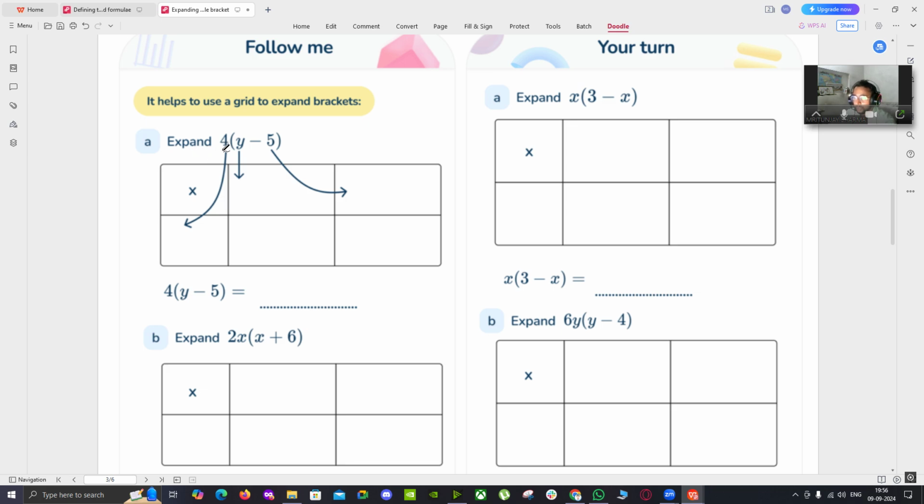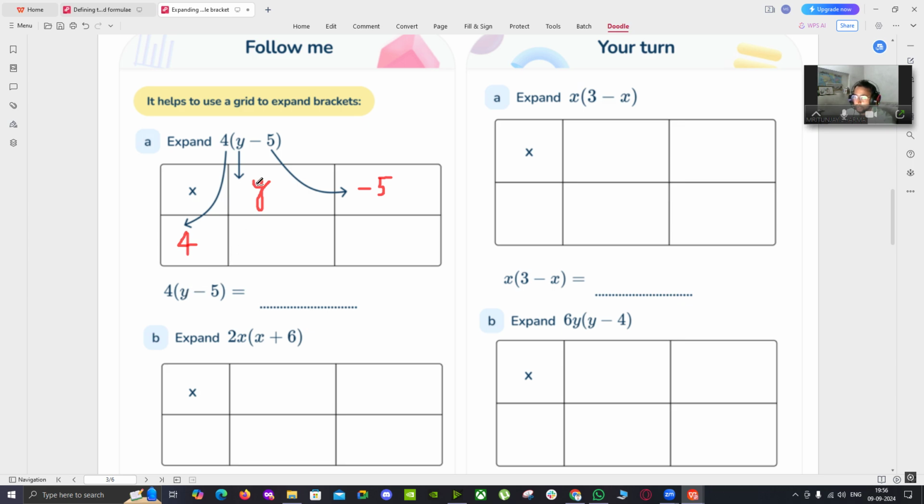So we have 4 bracket y minus 5 bracket close. What you can do here is write the y here and the second term which is inside the bracket here.